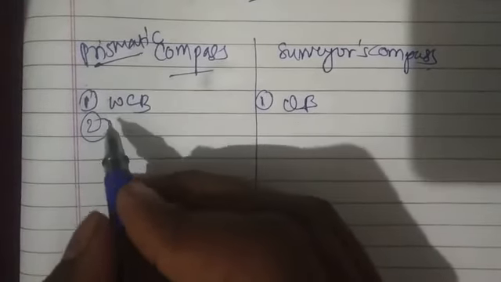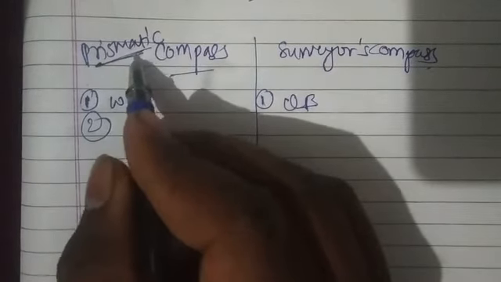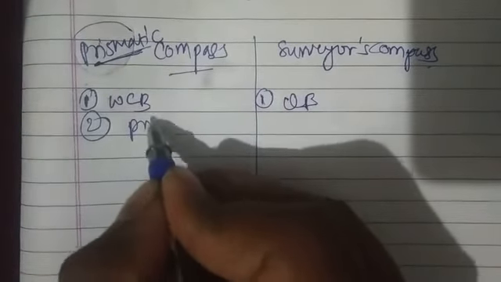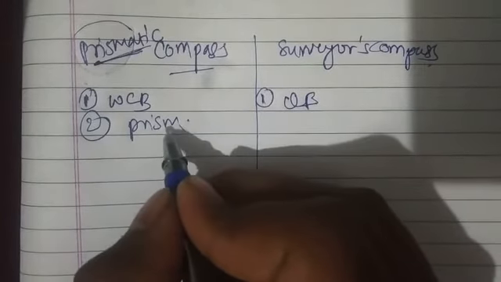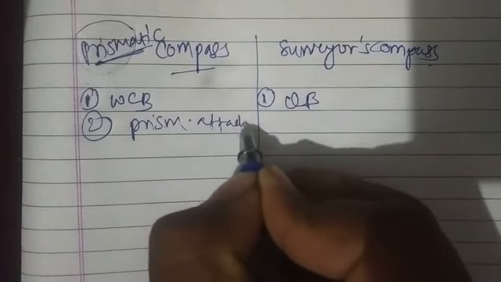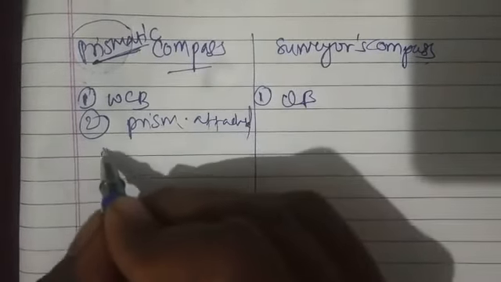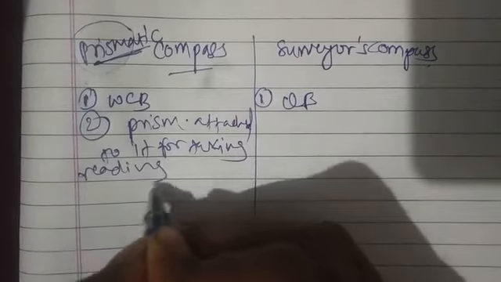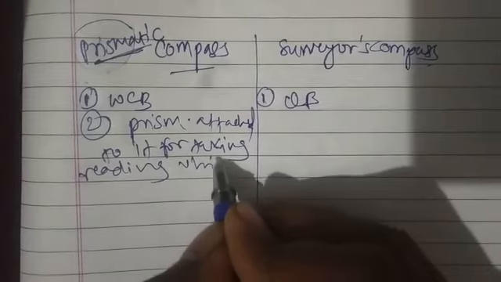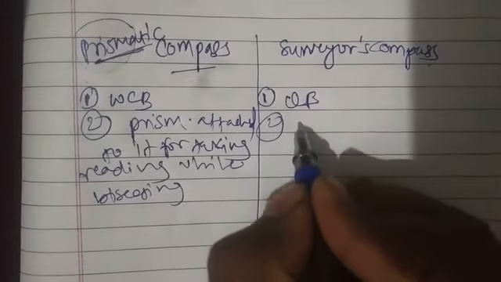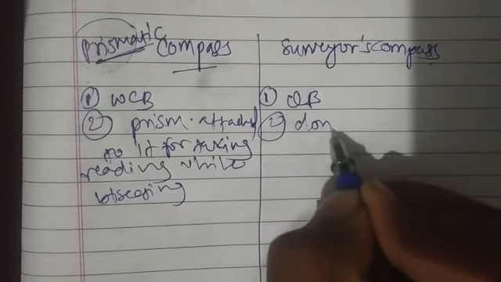Second point, we can see that this prismatic compass has a prism attached to it for taking a reading while bisecting. This surveyor compass doesn't have any prism.